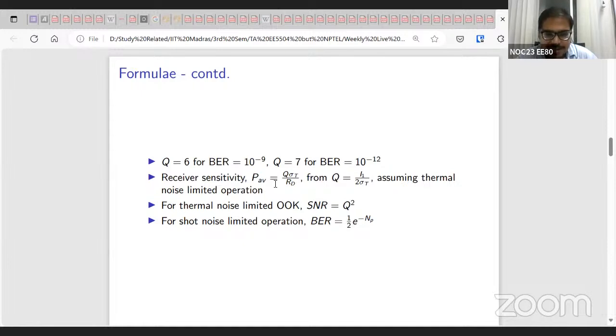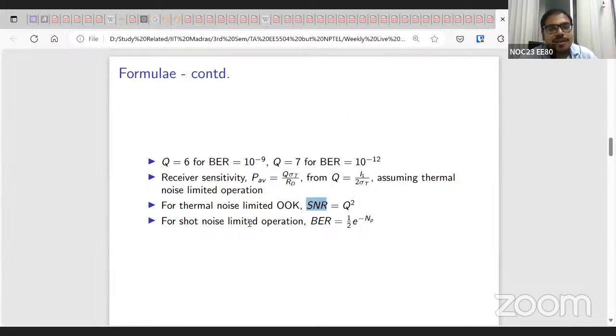Then receiver sensitivity you can achieve from Q values using this equation, which just comes from the definition of Q, where I0 we've assumed to be 0, and sigma 1 and sigma 0 both are this sigma thermal. And SNR in linear units is just Q squared.